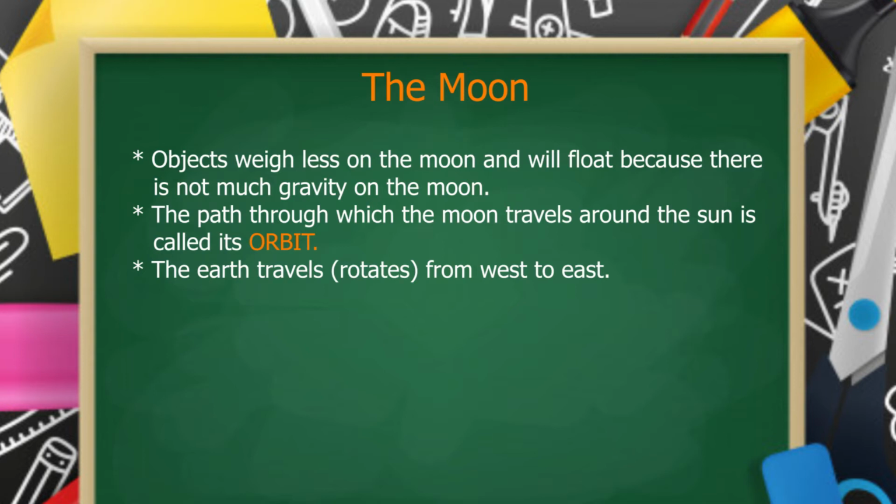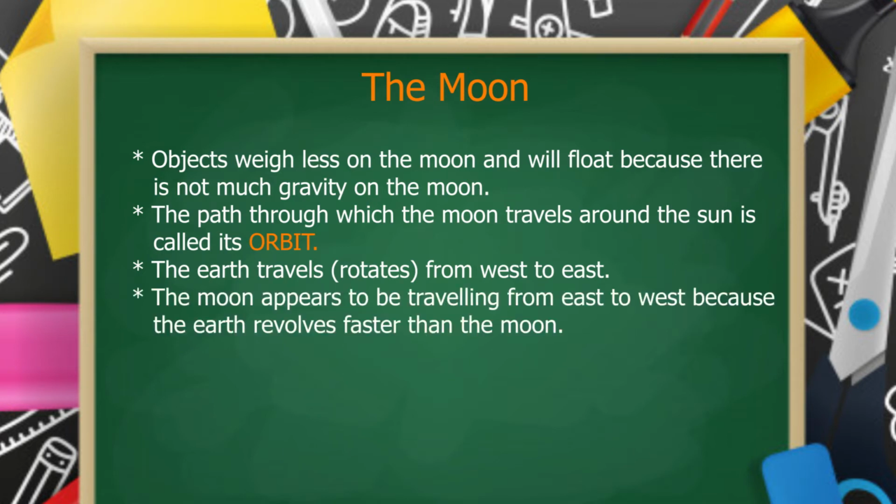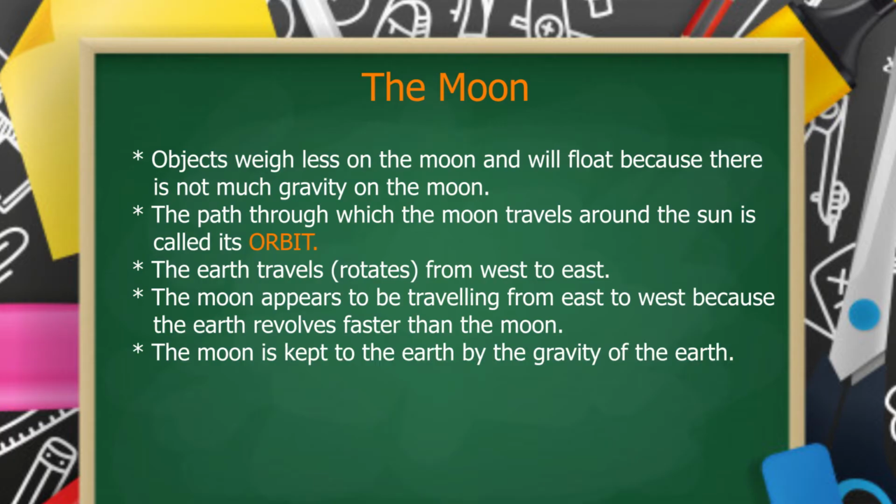The moon appears to be traveling from east to west because the earth revolves faster than the moon. The moon is kept to the earth by the gravity of the earth.